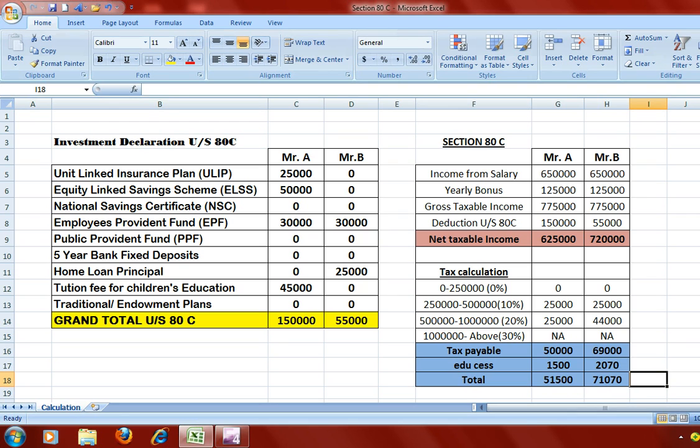So as per the total tax payable, who is more efficient in his tax planning? Is it Mr. A or Mr. B?